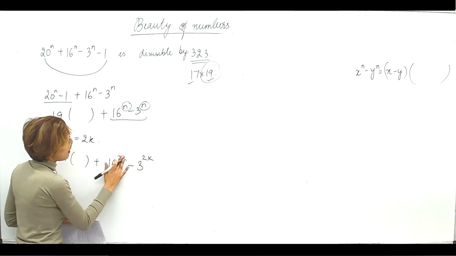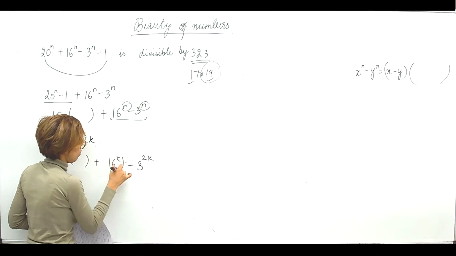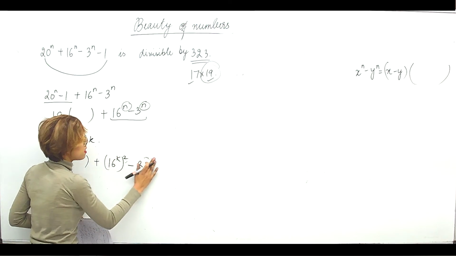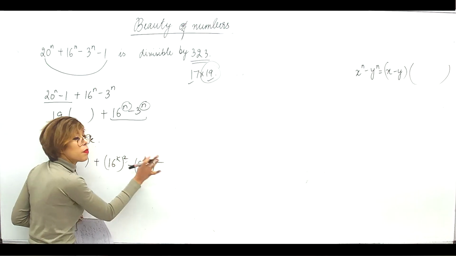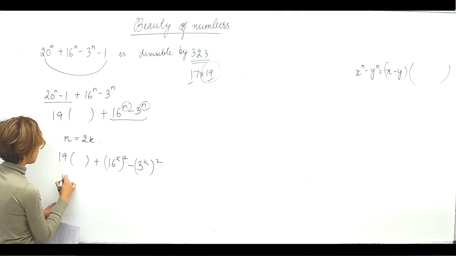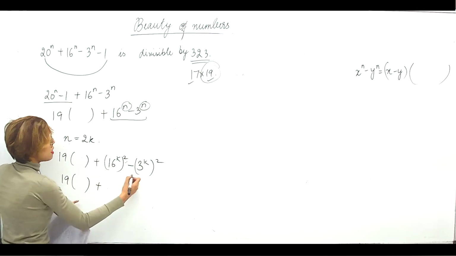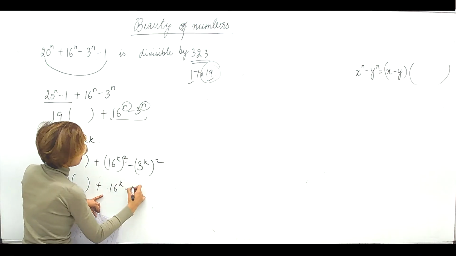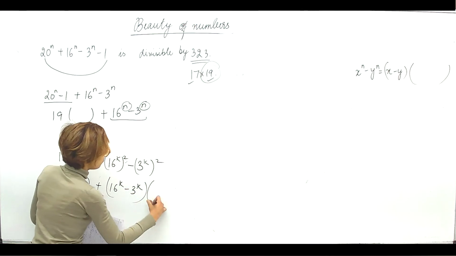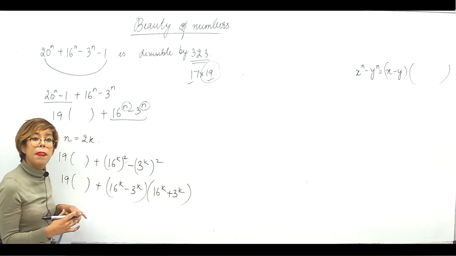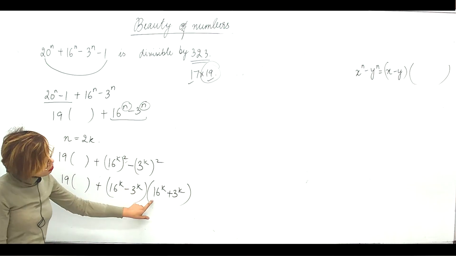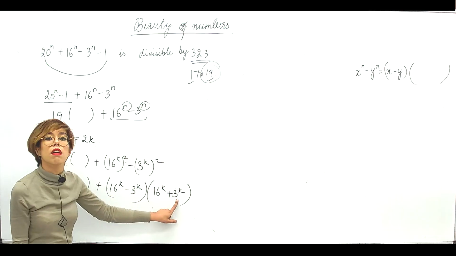Again I can write this as 16 raised power k whole square minus 3 raised power k whole square. A square minus b square, right? Factors बनते हैं उसके: 19 into something plus factors 16 raised power k minus 3 raised power k into 16 raised power k plus 3 raised power k, right? Okay. From here I can get 19, right?